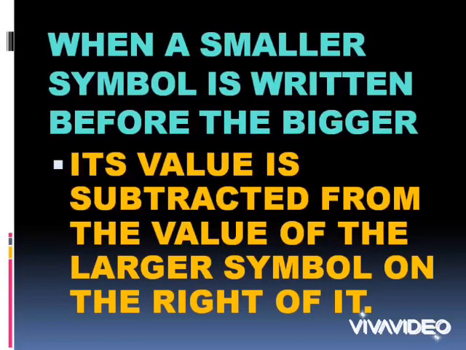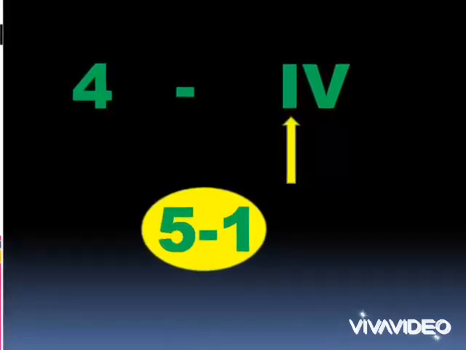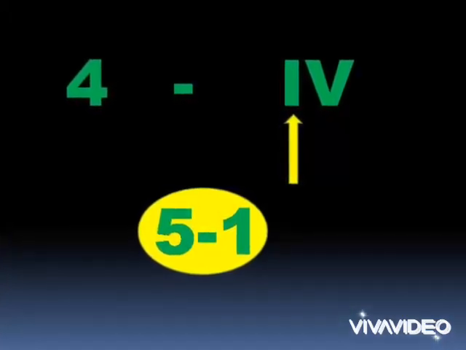When a smaller symbol is written before the bigger, its value is subtracted from the value of the larger symbol on the right of it. Let us see what it means. Now 4 in Roman numerals is represented as IV.